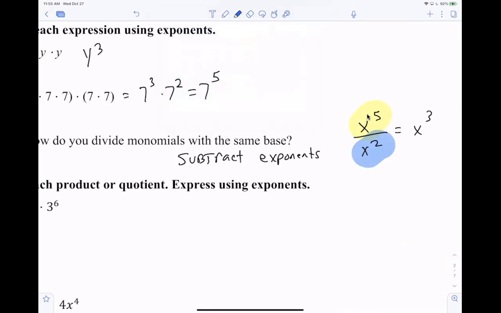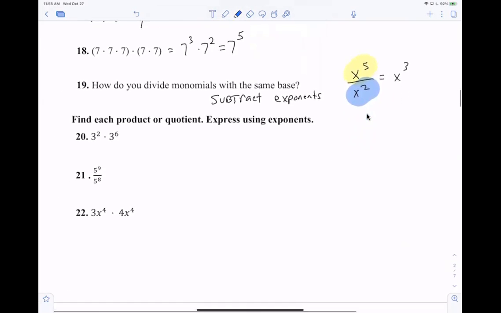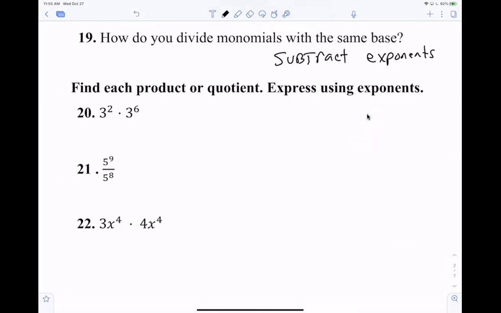Okay. All right, which brings me to who's up next? Okay, Max. All right, buddy. Come on, help me out with number 20. 3 to the 8th. That's the answer. I don't want the answer to 3 to the 8th. I want it as an exponent. What do we just say?